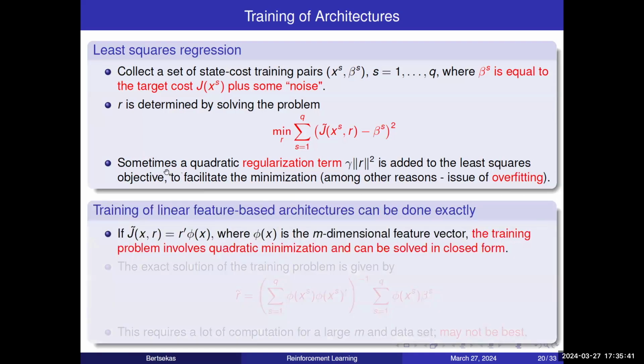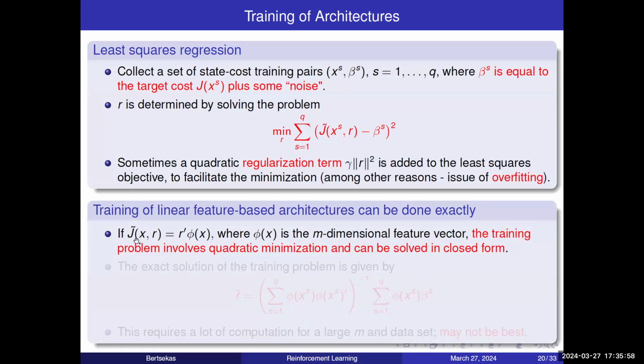All right, so the training of linear feature-based architecture is, quote unquote, the easy case because it can be done exactly, by which I mean we have a formula to compute it.